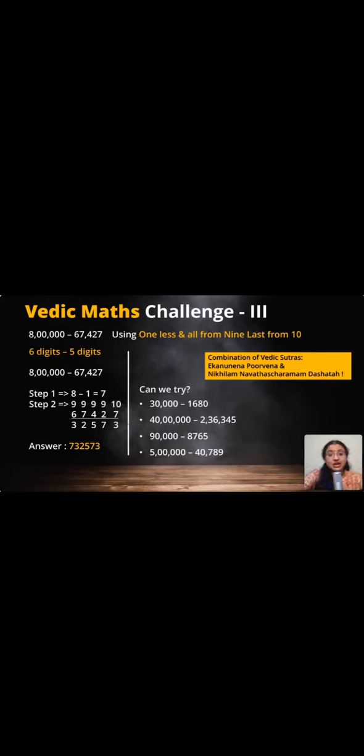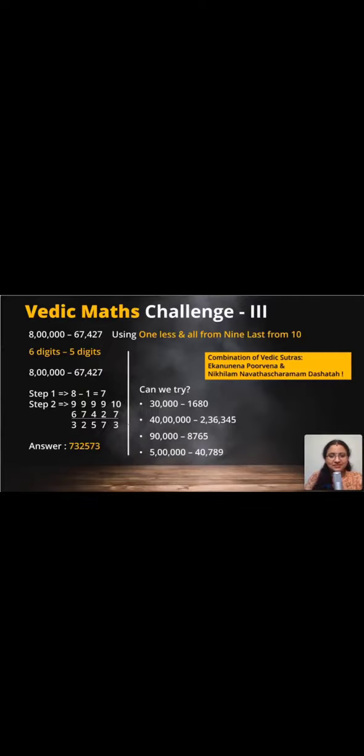So let us now give it a try for 30,000 minus 1,680. 30,000 is a 5-digit number, 1,680 is a 4-digit number. Yes, good to apply this rule, all from 9, last from 10.